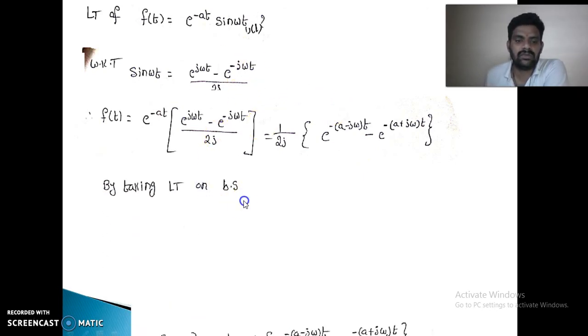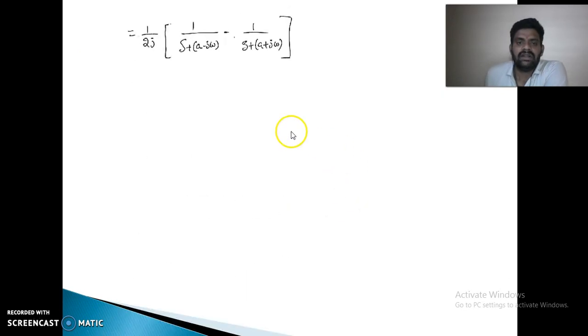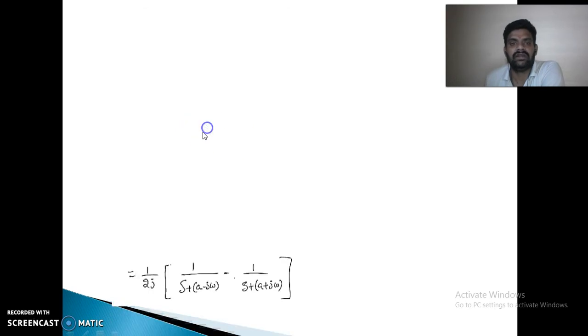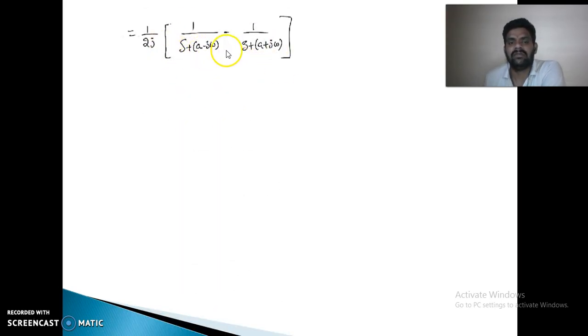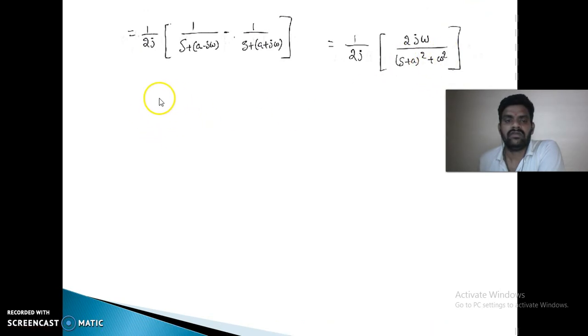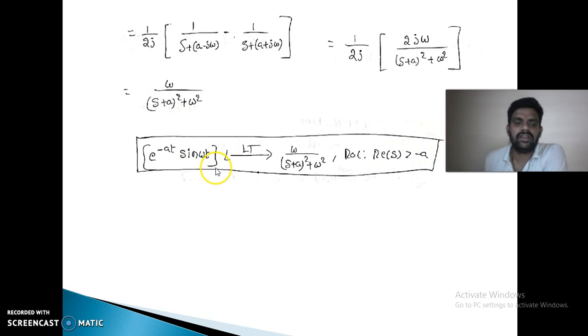So taking the Laplace transform on both sides, the Laplace transform of the first function, e power minus of a minus j omega naught t, is 1 by s plus a minus j omega naught, and the second is 1 by s plus a plus j omega naught. Now simplify this and you will have the function like this. So finally e power minus at sin omega naught t u of t is a Laplace transform pair with omega by s plus a whole square plus omega square. ROC is greater than minus a.